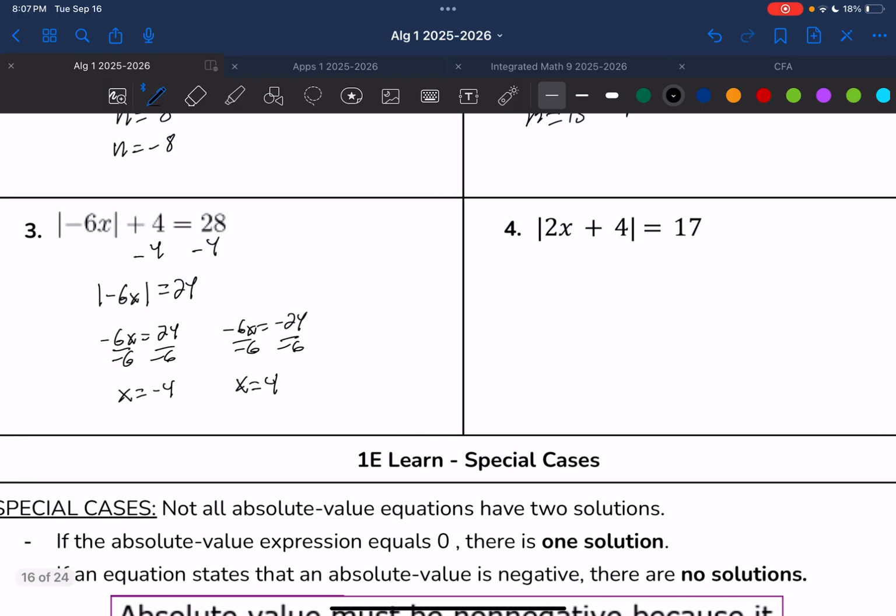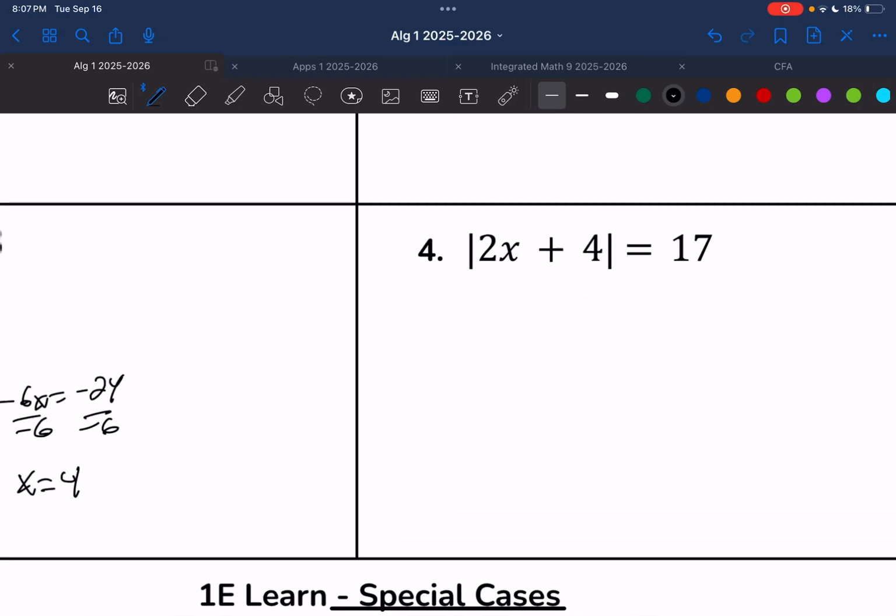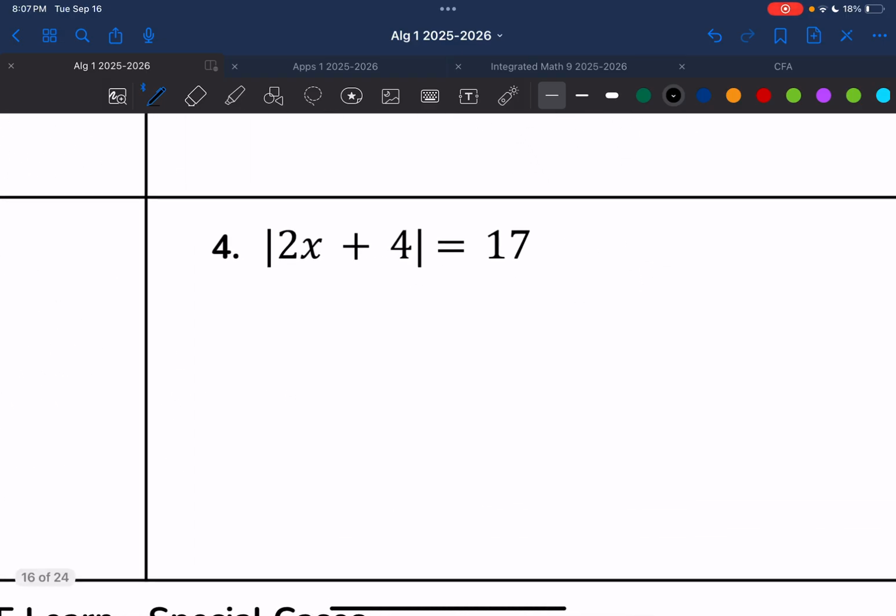We want to be careful, though, because even though all of these answers have been positive, negative, that is not always the case. So if we look at this one over here, we have 2x plus 4. The absolute value of 2x plus 4 is 17, meaning that 2x plus 4 could either be +17 or 2x plus 4 could be -17. If it's positive 17, then we subtract over and we get 2x is equal to 13.